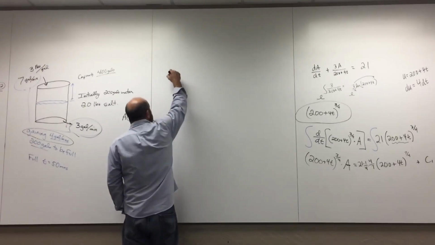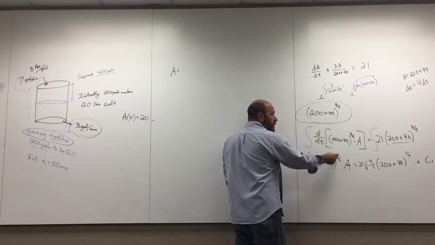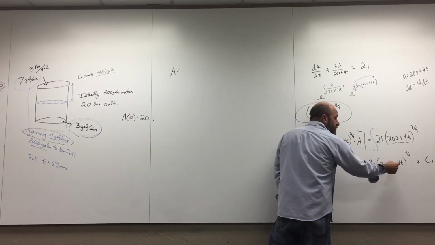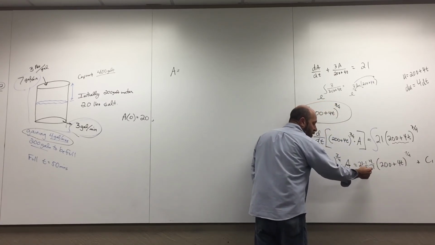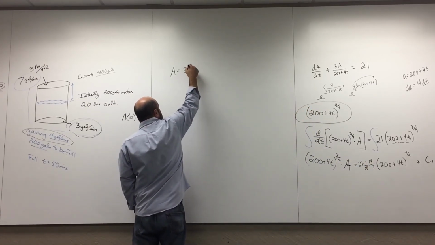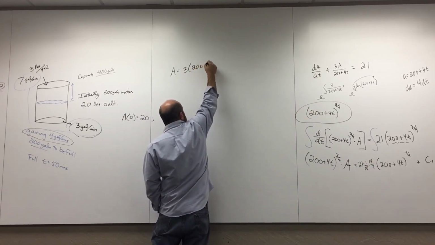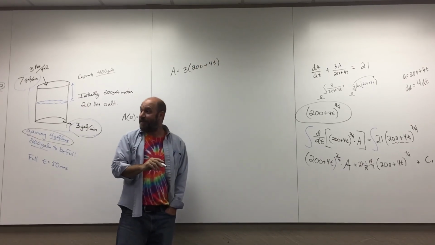You get A equals... And what's fun is you're dividing by 200 plus 4t to the 3/4, and you're dividing by that under here, which is 200 plus 4t to the 7/4. By the way, out front here, what's out front here? A 3 is out front here, and then you get 200 plus 4t to the 1. To the 1.